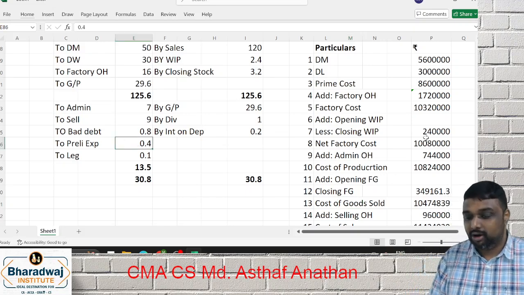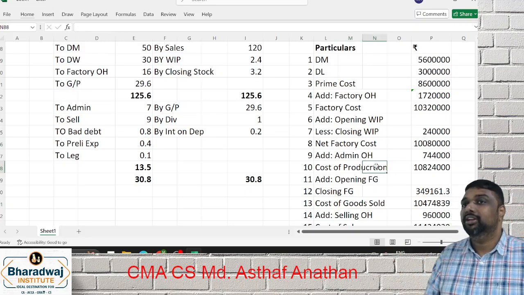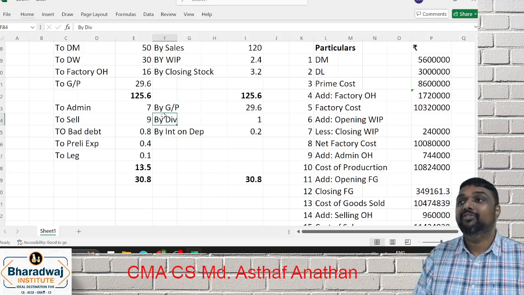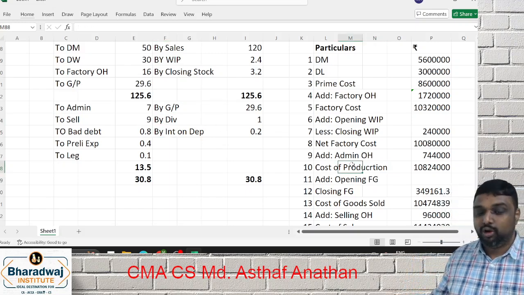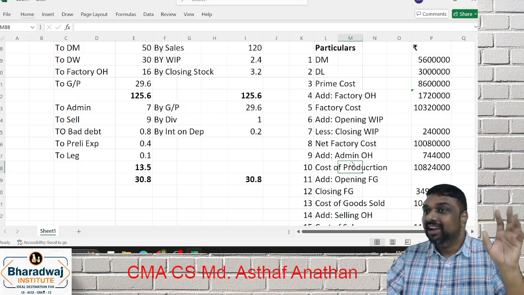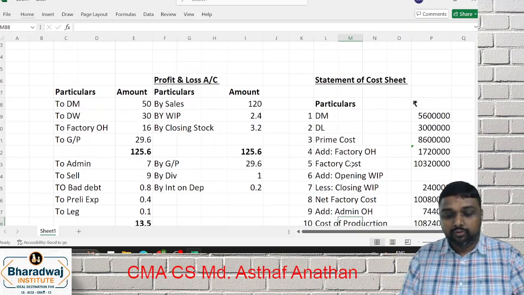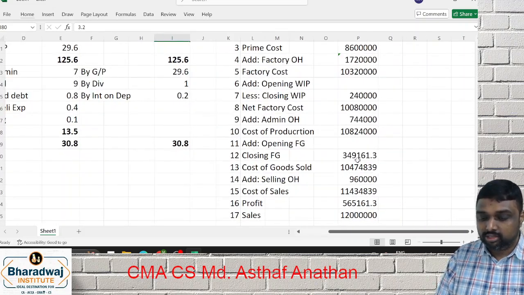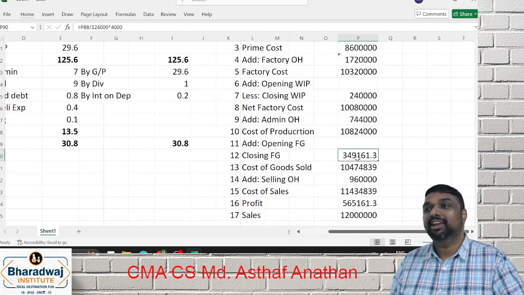Preliminary expenses are here but not here, only in financial. Dividend and interest on deposits are only in financial, but not in costing. So you have to identify each one by item. Here the closing stock is 3 lakh 20, but here it is 3 lakh 40. So it is different.